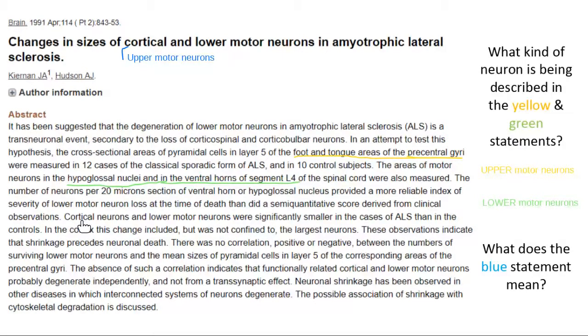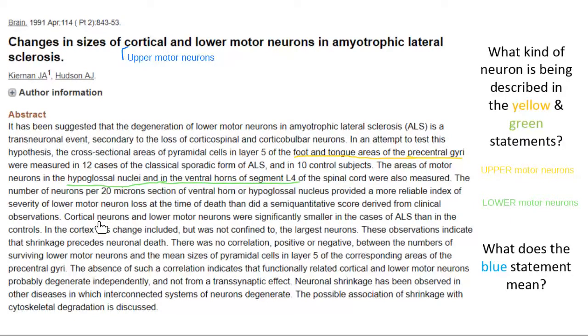It said cortical neurons and lower motor neurons were significantly smaller in the cases of ALS. Now here's where we have to change our terminology a little bit. Remember we said that cortical neurons, the other name for them is the upper motor neurons.